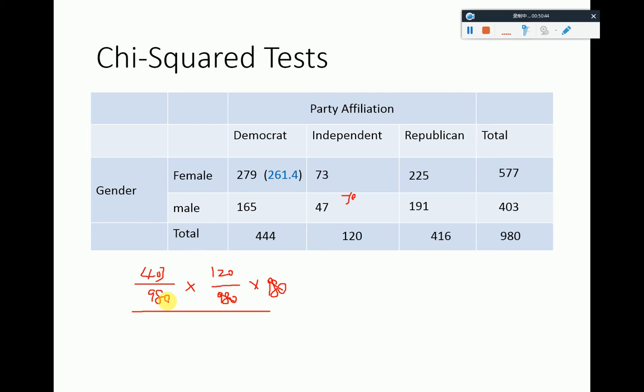So it will be 403 times 120 divided by 980. Fantastic. If these two variables are not related to each other, then we expect, according to my calculation, 49.3 male independents in the sample. Pretty close, huh?